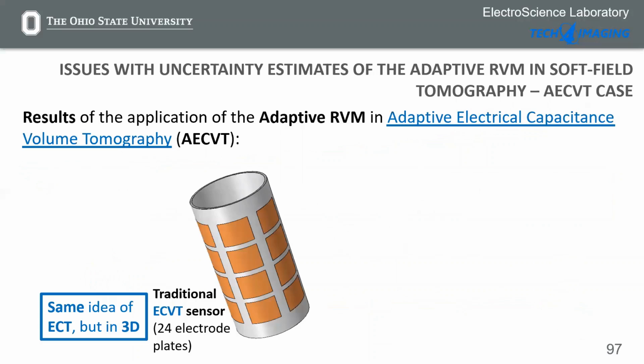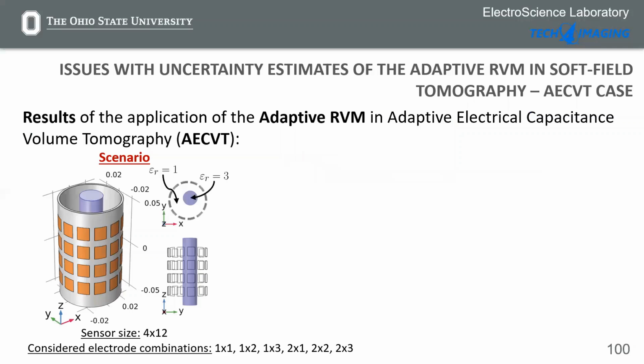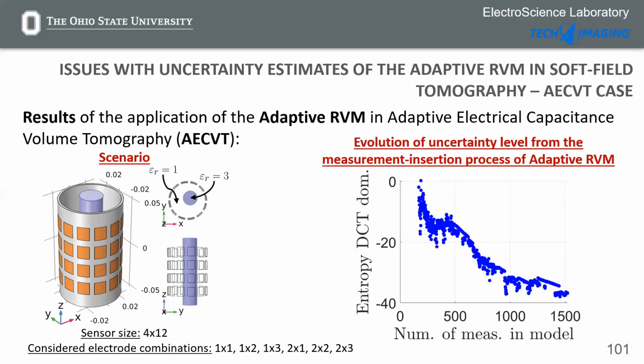As we said earlier, in adaptive electrical capacitance volume tomography, we take the traditional ECVT sensor and split the capacitance plate into smaller segments, and later we combine them electronically so that we achieve a finer stepped scanning of the domain. So this is the scenario that we are going to use for the numerical exploration, and this on the right is one set of results that we obtain.